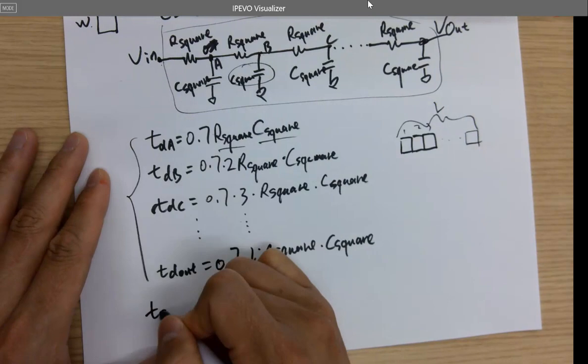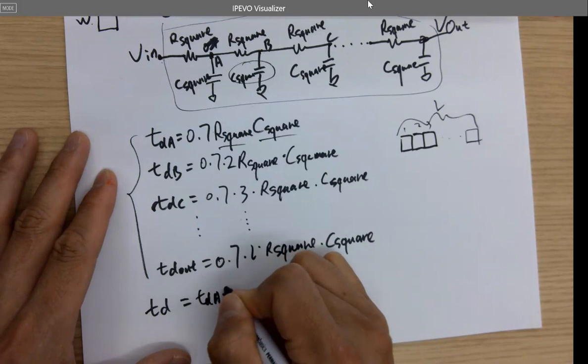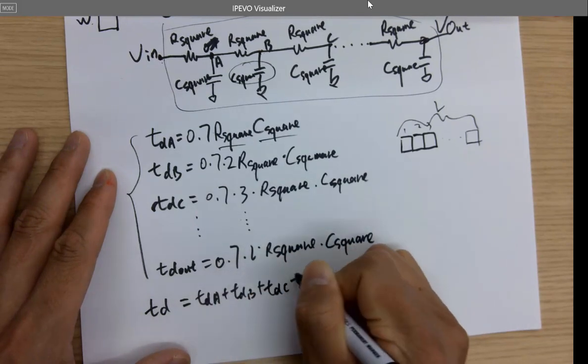So TD overall equals TDA plus TDB plus TDC plus so on.